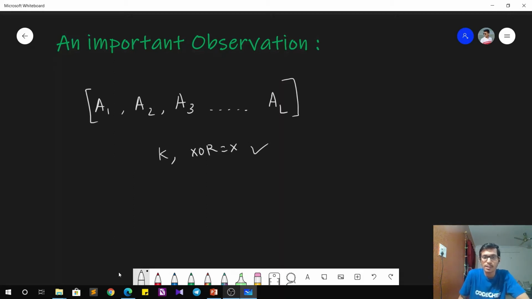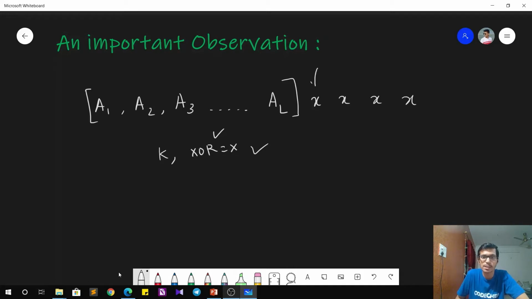How? We can just append some elements, let's say an element small x over here, according to our need, to make the length of the sequence greater such that it does not affect this property. Why? Because there is no bound on the elements.